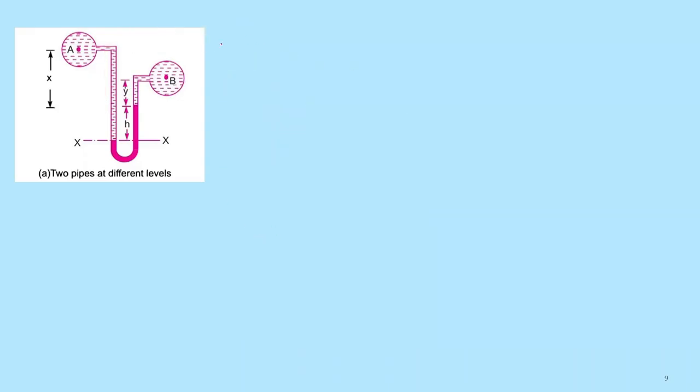So we can write that pressure intensity in left limb equal to pressure due to point A plus due to this side H1, and in place of Y we can write H2.